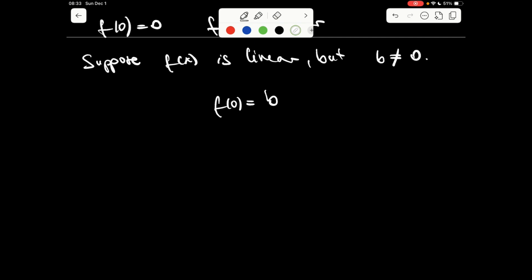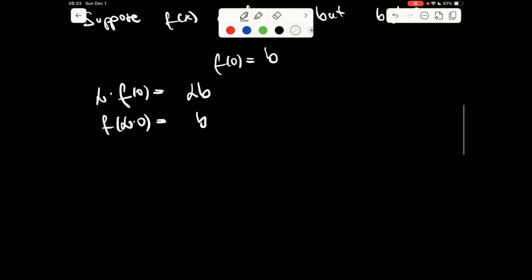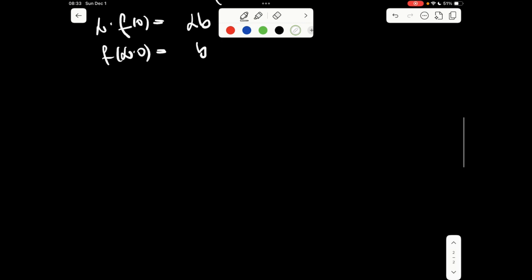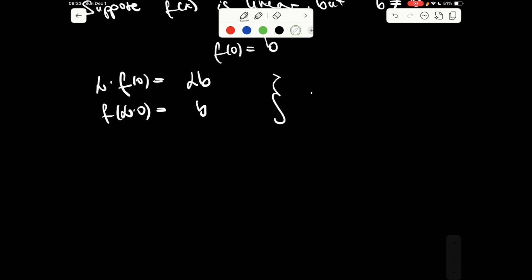In this case, it is alpha b, and this is b, at any real alpha.